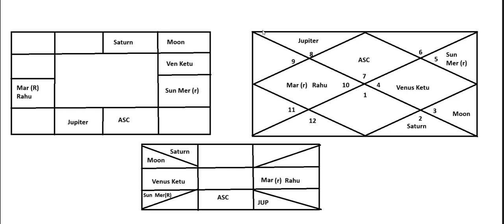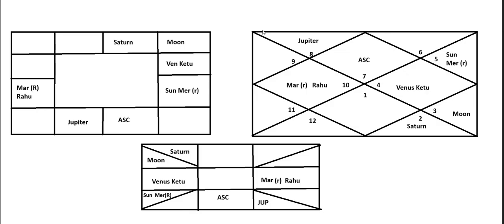It was with Venus, and retrograde Mars was also aspecting Venus, and they don't have a very good relationship, and the nakshatras are also creating a problem here.